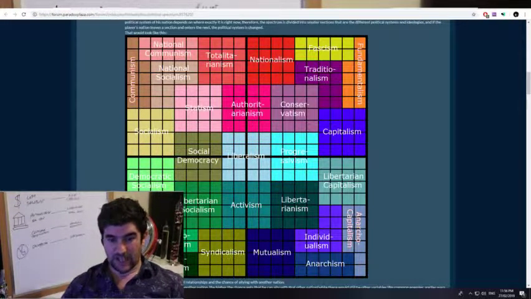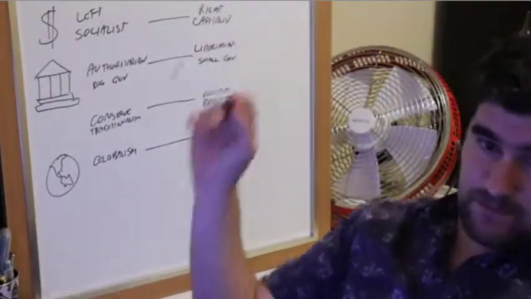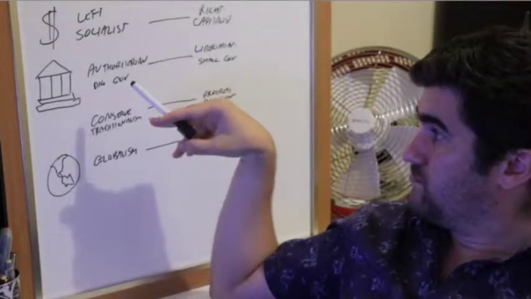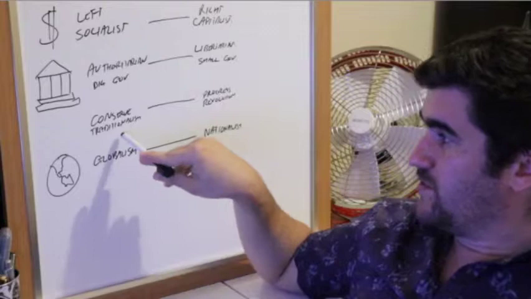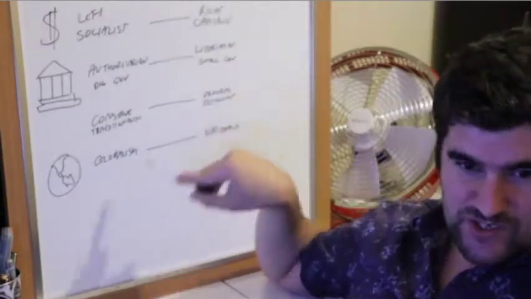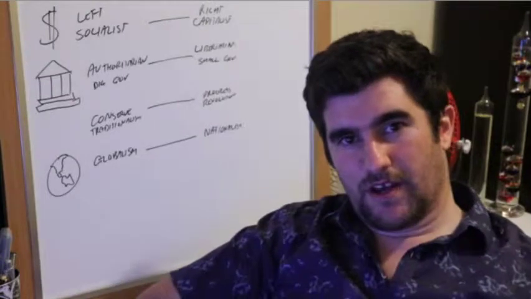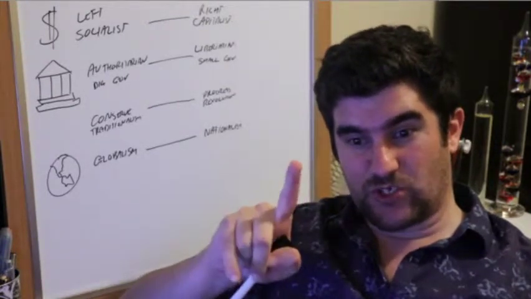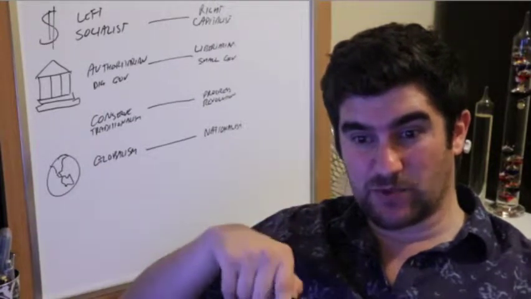Looking at that there: socialists, capitalists, big government, small government, conservatives, progressives, globalists and nationalists. I reckon if you start looking at everything on those four factors rather than just trying to boil everything down to one, you're going to get a much better way of looking at the world.